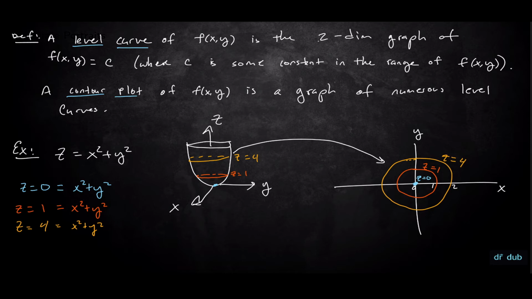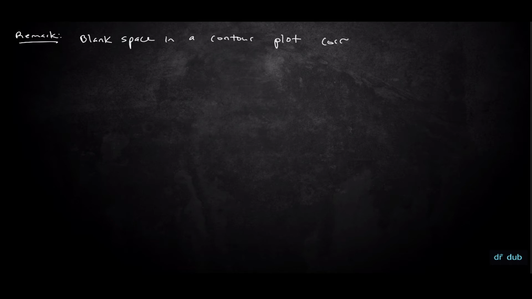So there is something to note specifically about contour plots. I just want to make one remark. And that remark is that blank space in a contour plot corresponds to a region of slow change in the function values.